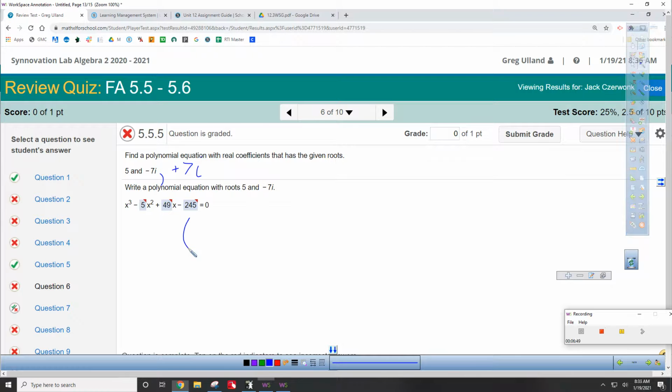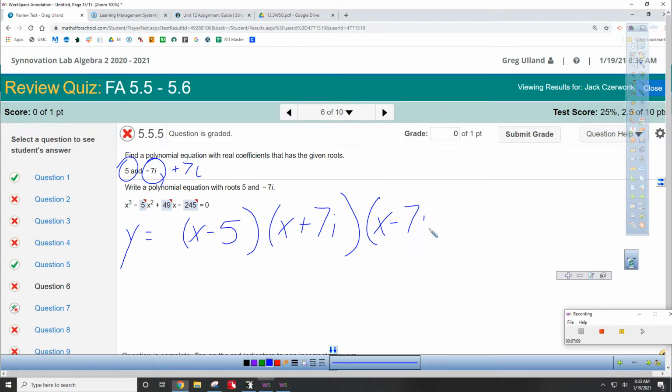So I know that this could be written as y equals x minus 5, that's from this, times x plus 7i, that's from this one, times x minus 7i, and that's from this one. Okay? Because these are the factors.